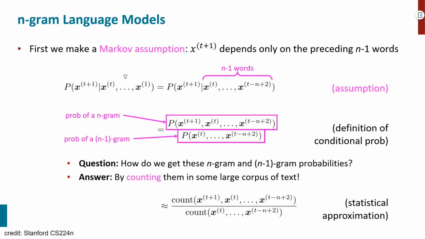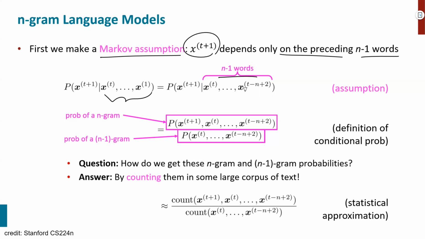Let's have a look at the details. First, we make a Markov assumption: xt+1 only depends on the preceding n-1 words. Even though we have more context, we just assume it only depends on n-1 words.